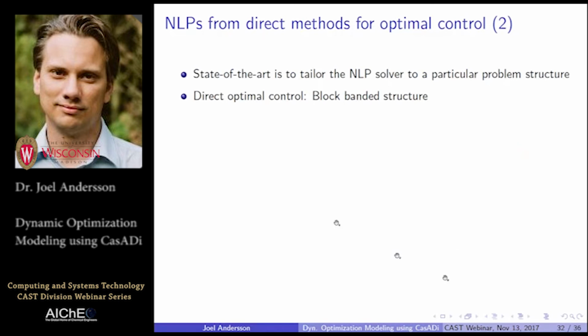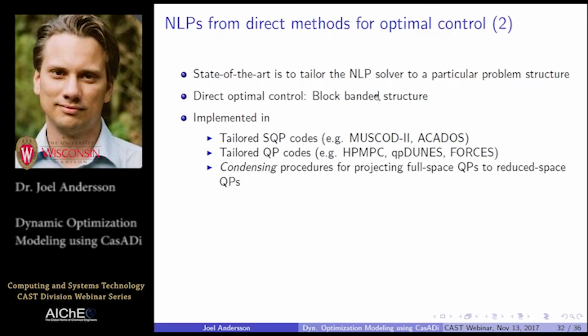In direct optimal control, you typically, in one way or another, exploit the band structure that you have in the Hessian of the Lagrangian and the Jacobian of the constraints. This has been implemented in a lot of different codes, both in structured SQP codes and in structured QP codes, and there are also approaches that allow you to project a full space problem into a smaller problem and then solve that efficiently.